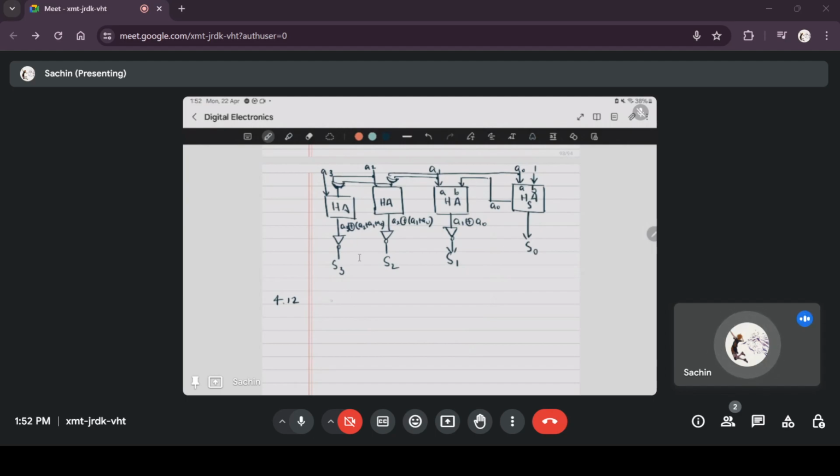Problem 4.12. Design a half subtractor circuit with inputs x and y and outputs diff and bout.